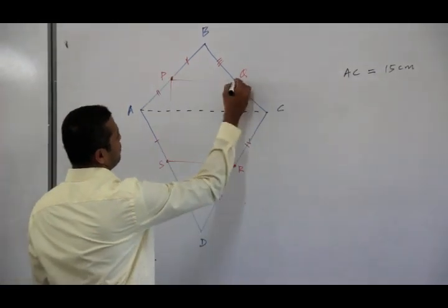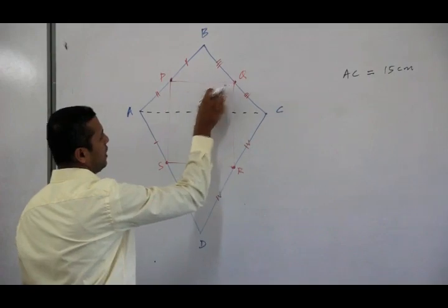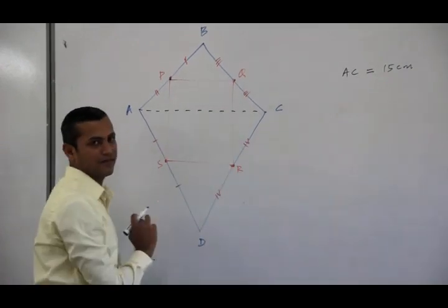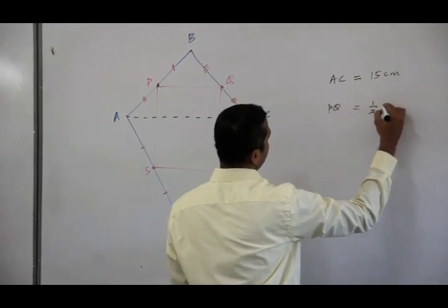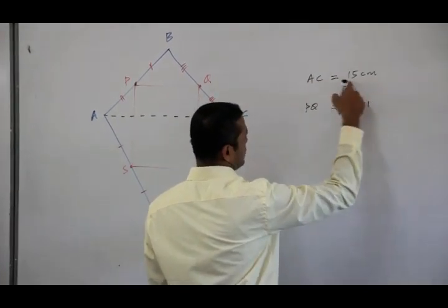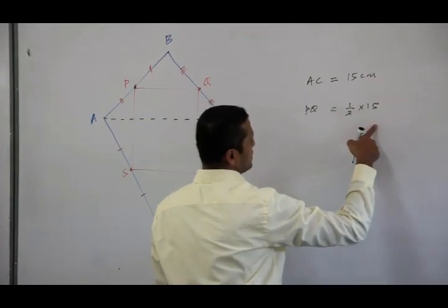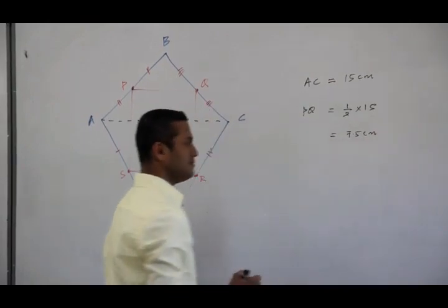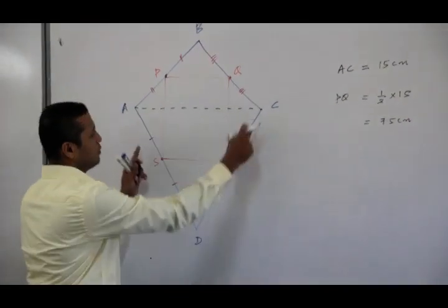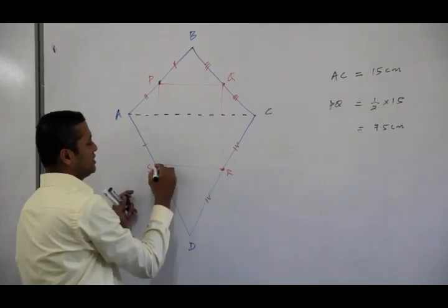Since we are joining the midpoints of this particular triangle, PQ will be half of AC. Is that clear? Then I can write PQ equals half of AC. AC equals 15 centimeter. Then that is 7.5 centimeter.